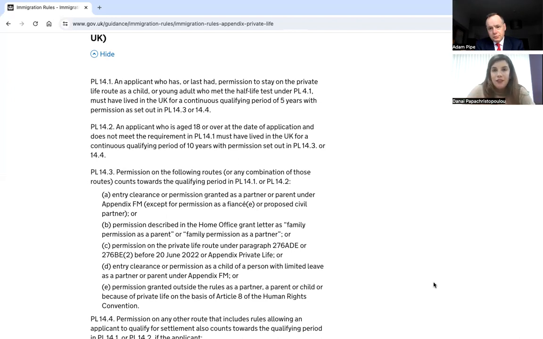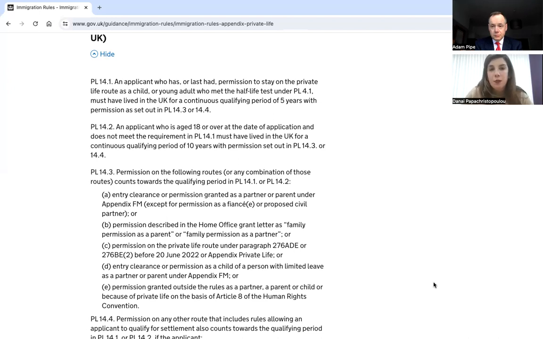So the drafting of the current appendix is a departure from that concession. And in our experience, there are many children and many young adults that were previously part of family applications. They met the private life rules, but they were making one application as a family, and then the decision letter came and said leave as a child under Appendix FM, leave as a dependent, or sometimes leave based on family life, sometimes discretionary leave.